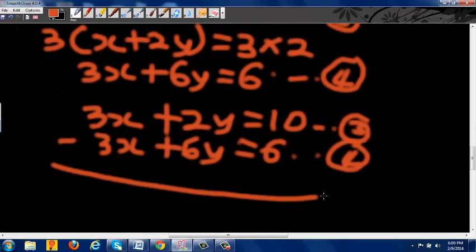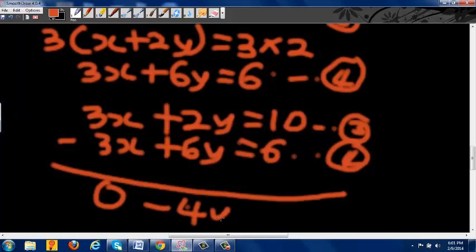What we get is 3x minus 3x will give us 0. Now 2y minus 6y will give us minus 4y, because if you have 2 and you are owing 6, you will still be owing 4. So that is how we got minus 4y.